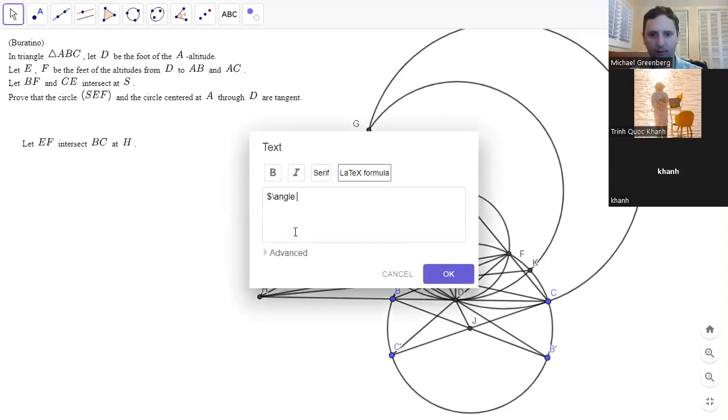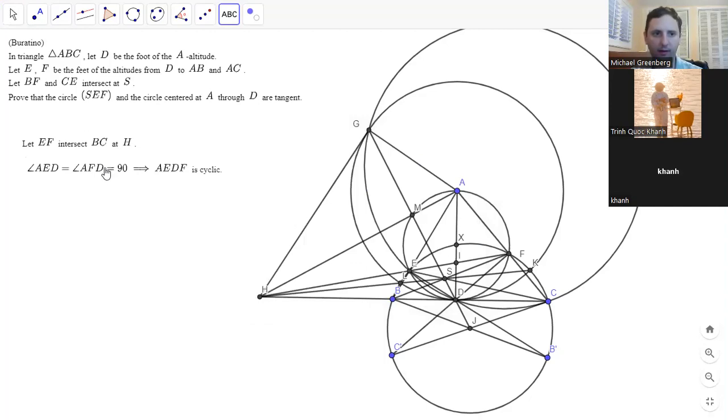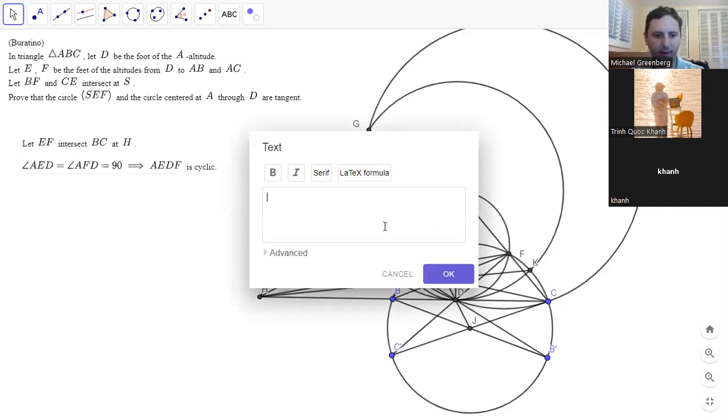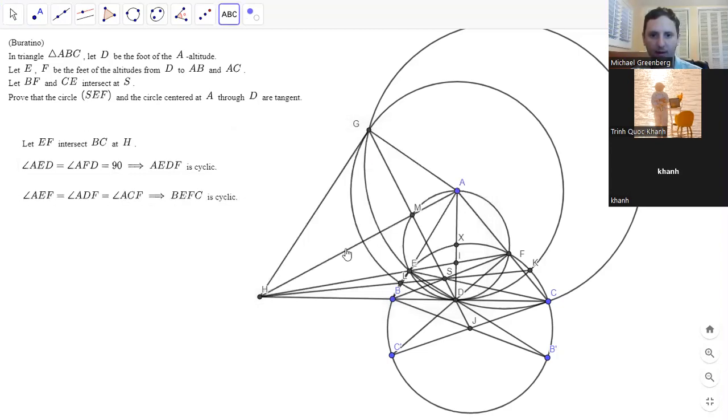We have angle AED and angle AFD are 90, so that means that AEDF is cyclic. Then we have angle AEF equals angle ADF equals angle ACF. And that means that BEFC is cyclic. And so let J be the center of that circle.